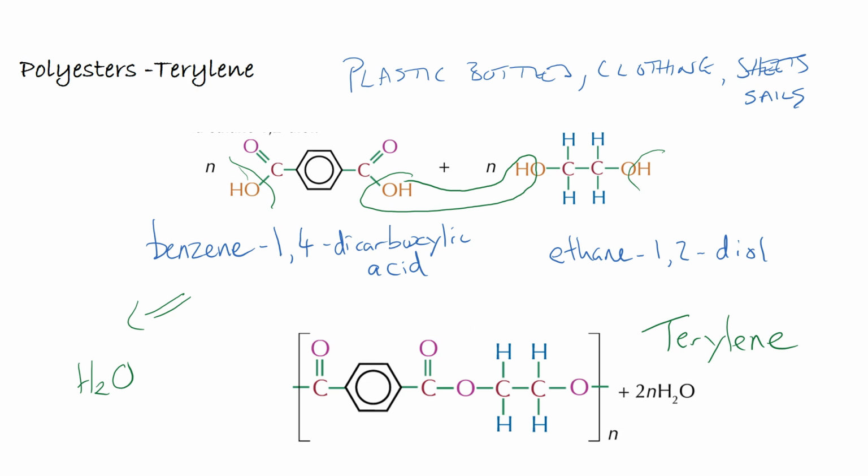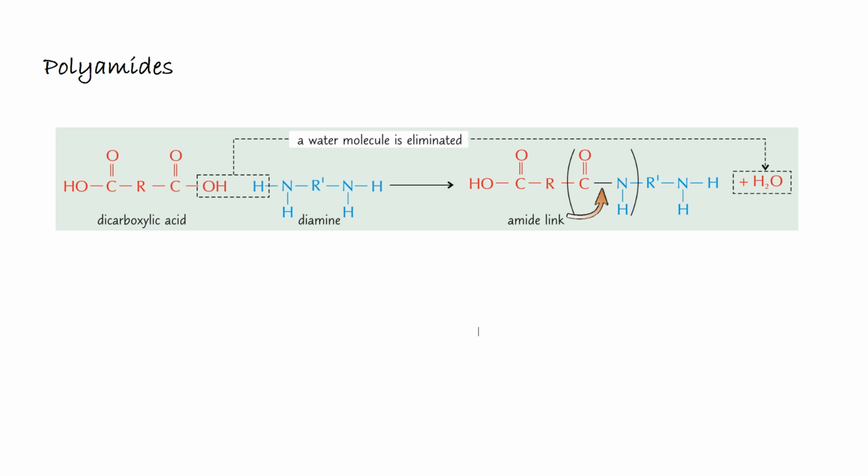Okay, so now we're going to go and have a look at the polyamides. The polyamides then are formed between the dicarboxylic acid again, as we saw with the polyesters, and instead of the diol, we've then got a diamine.